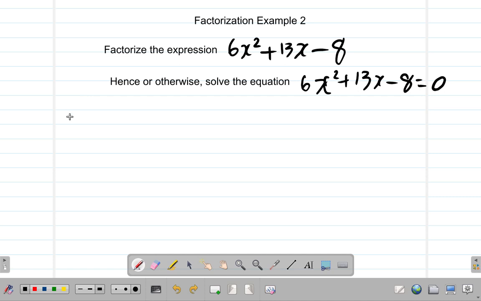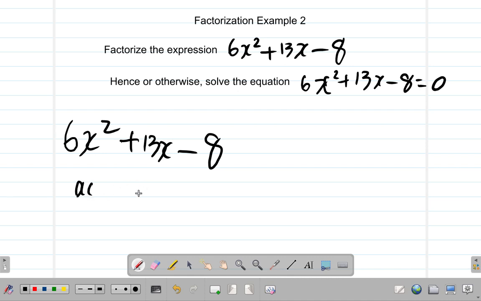You have 6x squared plus 13x minus 8. It is a method we're going to use called the AC method. Because remember, you can see this is a quadratic expression.